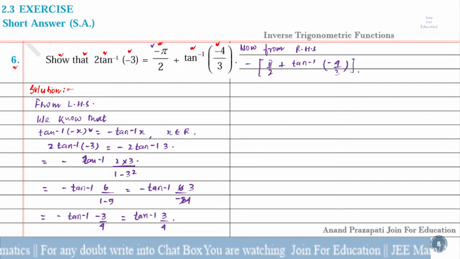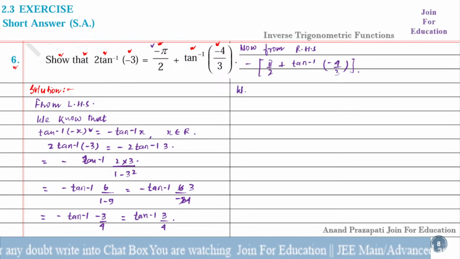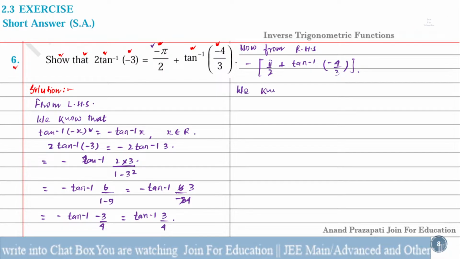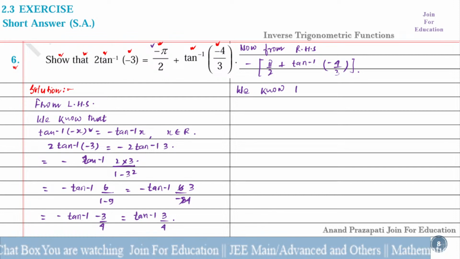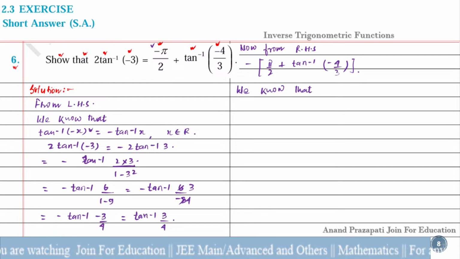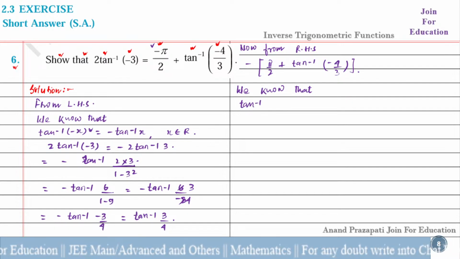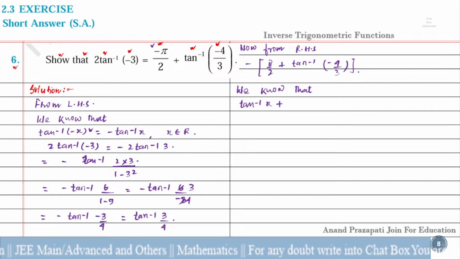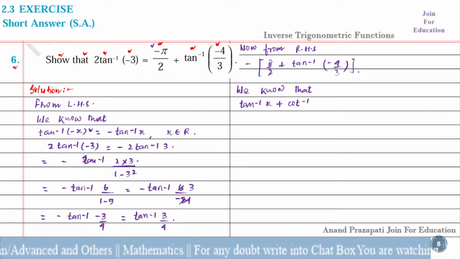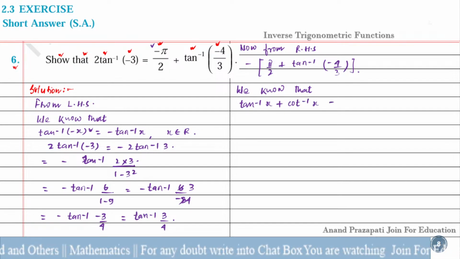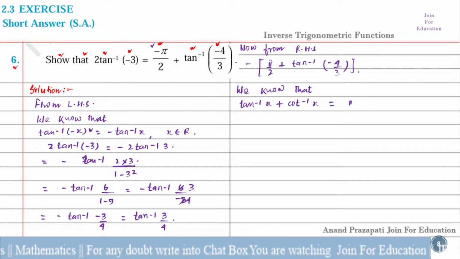So we know that tan inverse x plus cot inverse x equal to 5 by 2.